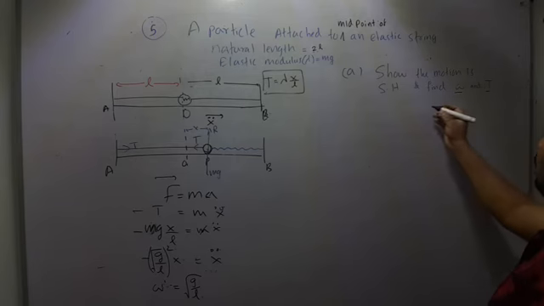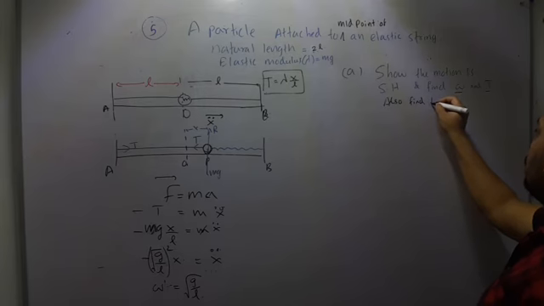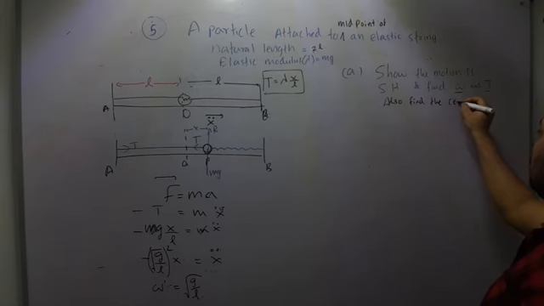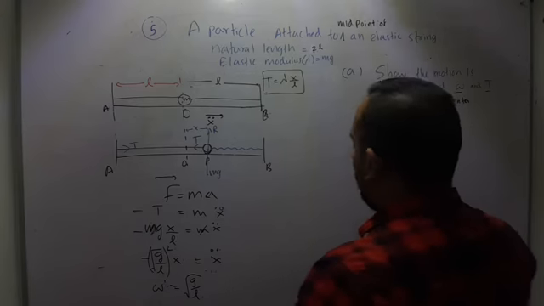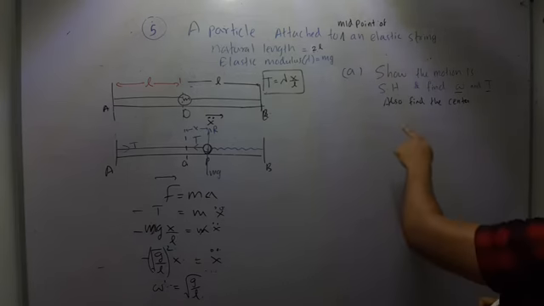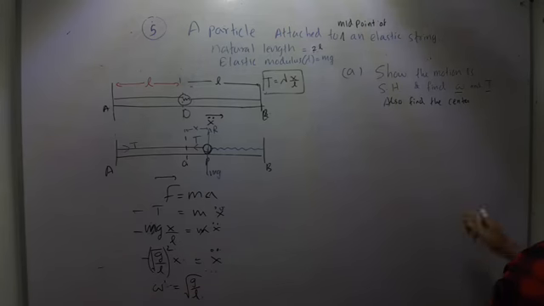Motion, and let me write another thing. Find the center. So this is very important, right? The center is very important, especially when it comes to calculating time. Right. So we have shown that the motion is simple harmonic.